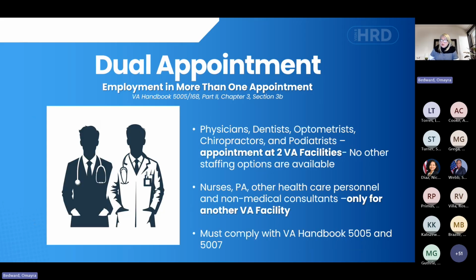Okay. Now, the next paragraph under 5005, Part 2, Chapter 3, Paragraph 3B3 says, physicians, dentists, optometrists, chiropractors, and podiatrists who hold full-time, part-time, or intermittent appointments can be appointed by the facility director on a fee basis appointment for another VA facility or for their own facility to provide coverage when no other staffing options are available, and it is necessary to meet 24/7 staffing level, provided that the criteria in paragraph B6 below in the same section are met, and such appointment would not be contrary to 5007, Part 2, Appendix F, or the department conflict of interest regulation.